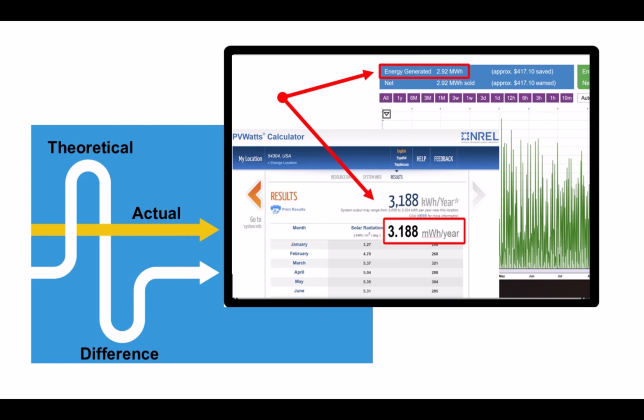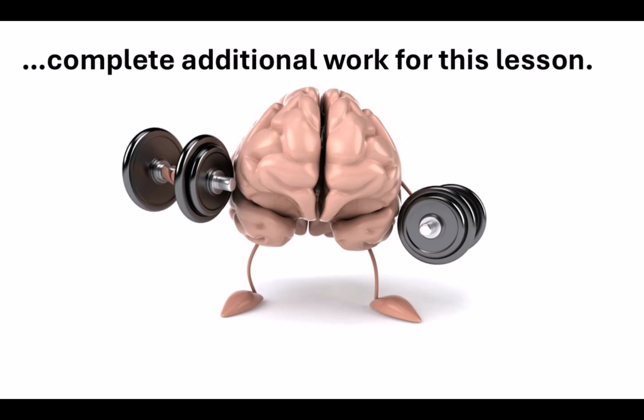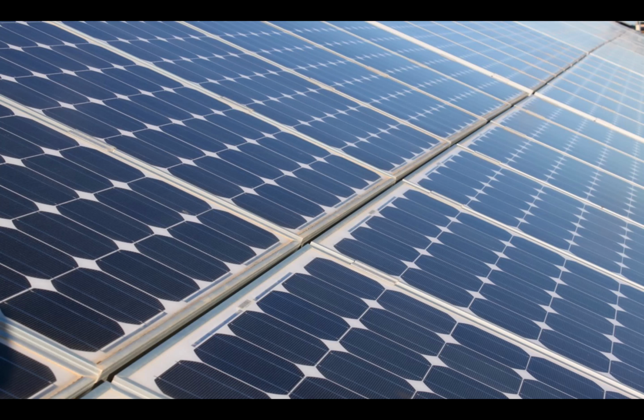If the difference is sizable, you'll consider why. And as a consequence of that work, you'll receive a good working orientation to the PVWatts calculator, a commonly used online tool in the solar PV industry. After this, complete additional work for this lesson, then move on to your next lesson of Watts on Our Roof.